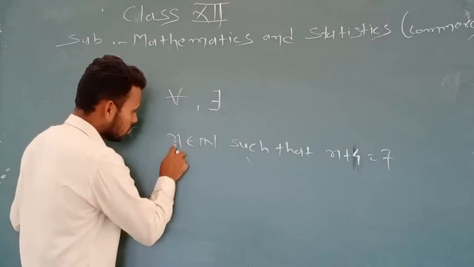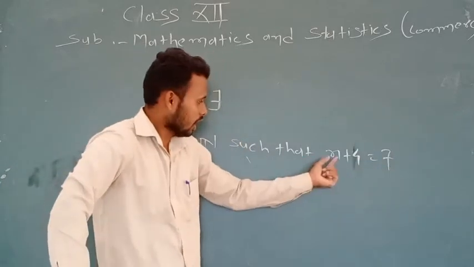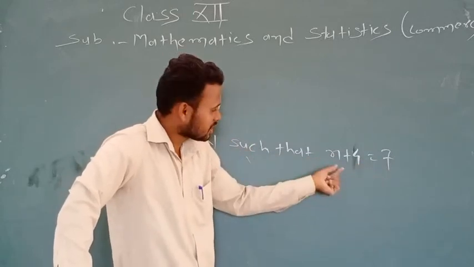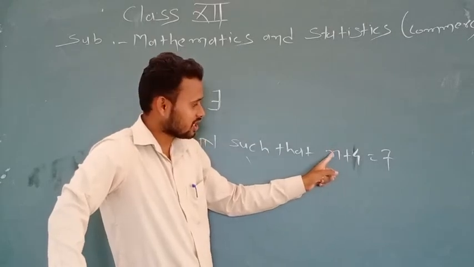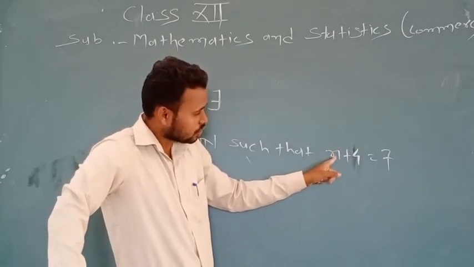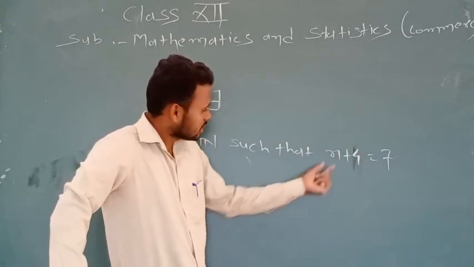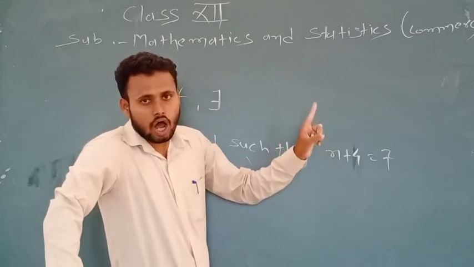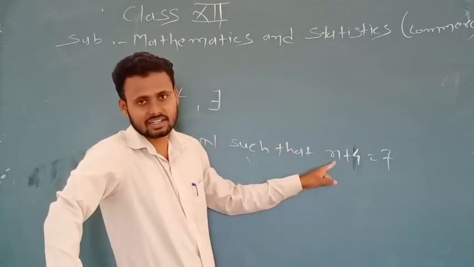There is only one natural number, 3, that belongs to natural number. If you put x equal to 3 then this equation is satisfied. If we substitute any other natural number, the equation is not satisfied. There are infinite natural numbers, among that only one natural number satisfies this.